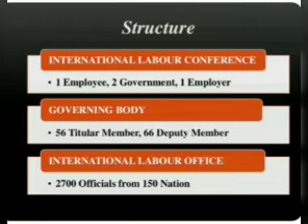That means 2 for the government, 1 for the employer, and 1 for the employee. Then there is a governing body. It has 56 titular members and 66 deputy members. And under the International Labour Office, there are 2,700 officials from 150 nations.